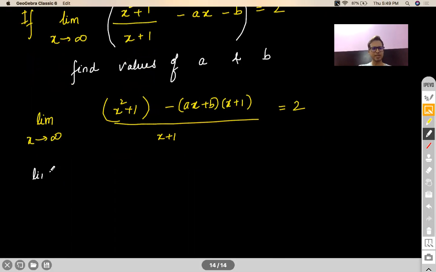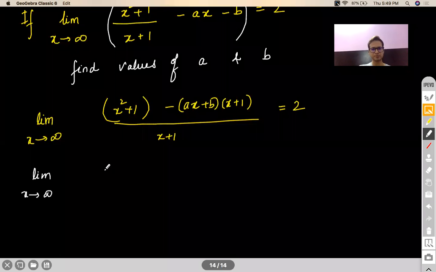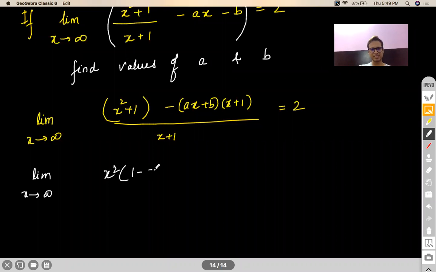If you collect your x square terms together, you'll get 1 minus a. If you collect your x terms together, you will get negative of a plus b. Let me write here negative a plus b. And constant terms would be 1 minus b.